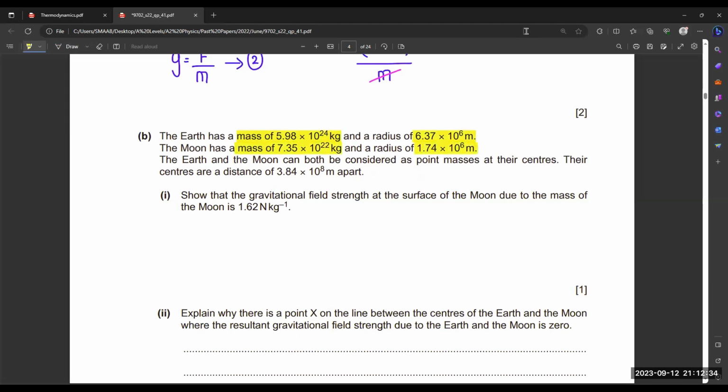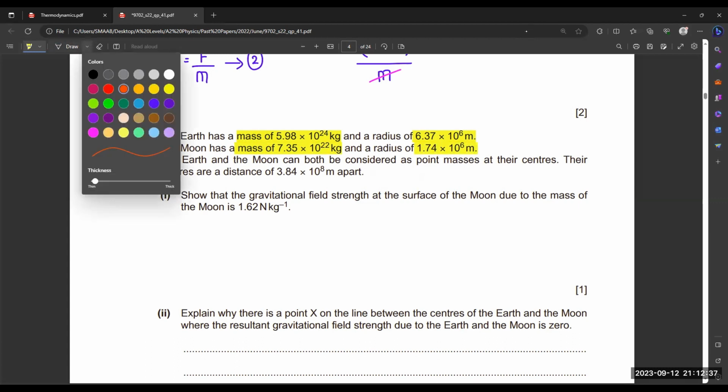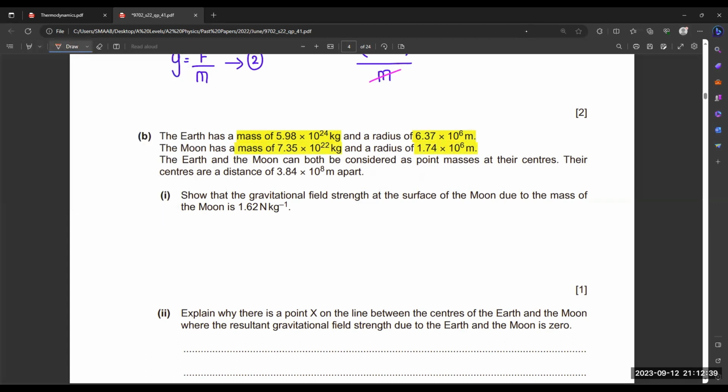Now they are saying that the earth and the moon can both be considered as point masses at their centers. The centers are at a distance, so basically the distance between the moon and the earth is taken as 3.84 exponent 8 meters, right? Clear?